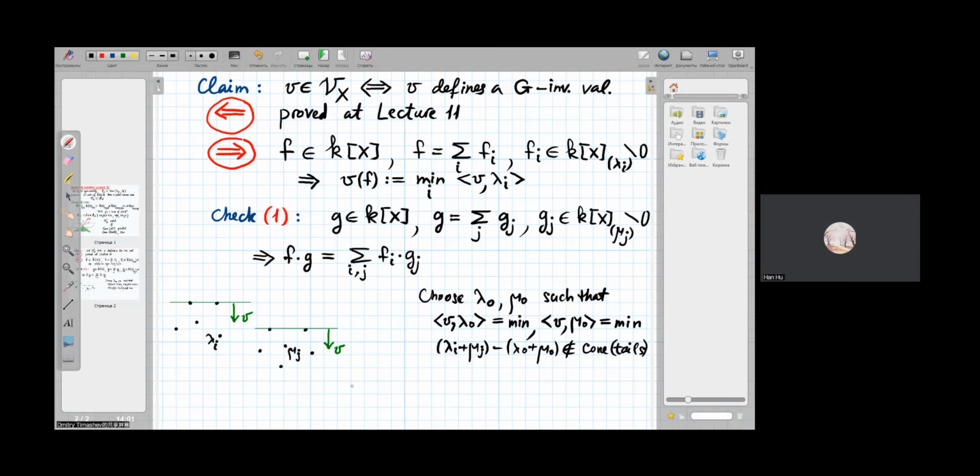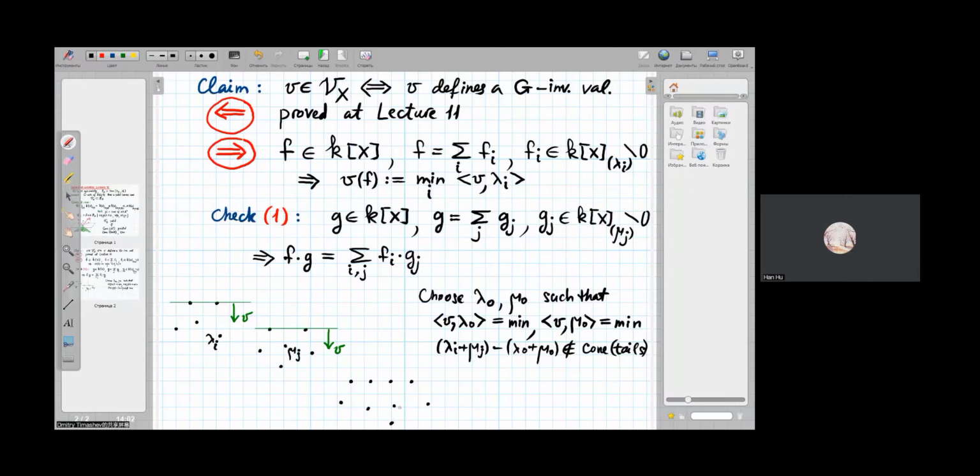So let me again draw a picture. This is yet another picture for these sums. How can we ensure that lambda i plus mu j minus lambda naught plus mu naught is not in the cone? This is what I'm going to explain right now. So let's consider all these sums. There are plenty of weights.